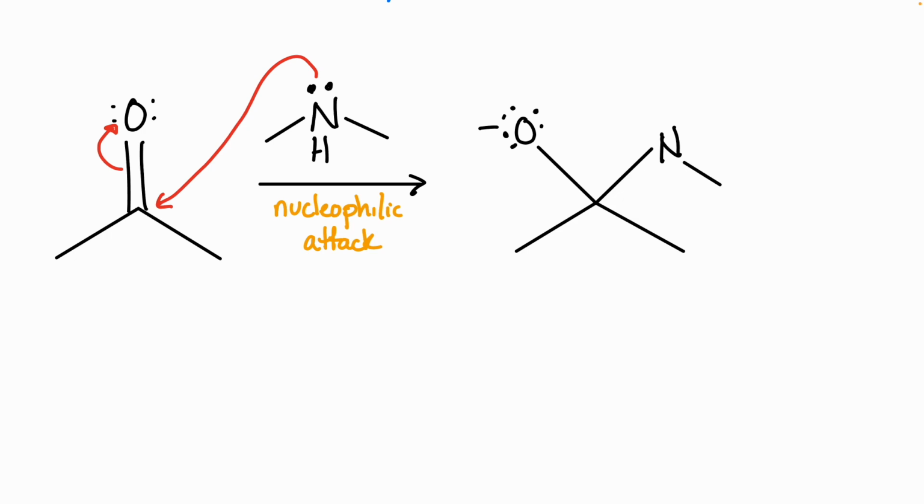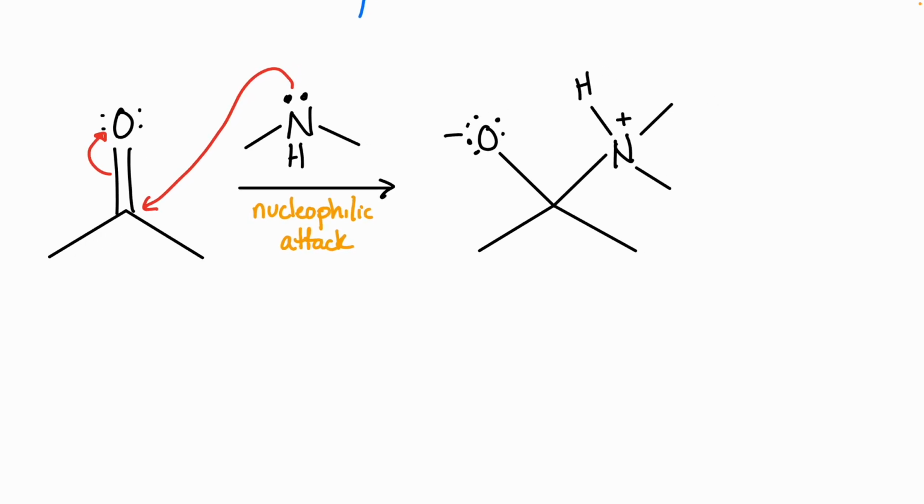It's got its 2 methyl groups, and then a hydrogen. And because it's got those 4 bonds and no lone pairs, it's going to have this positive charge. So again, we see this intermediate here that has both positive and negative charges.